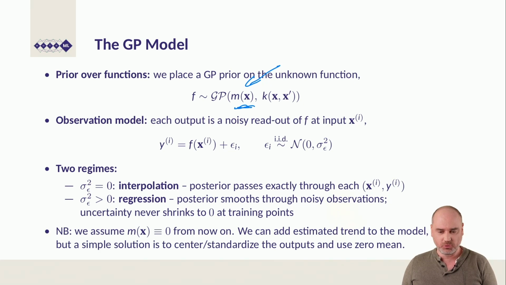But a very simple solution is to simply center and standardize the observed training data points. After this centering, they will be zero mean, and then we use a zero mean Gaussian process on this. And you will see that this is usually enough to create a fully local nonlinear type of model that can pretty much handle data of arbitrary complexity.